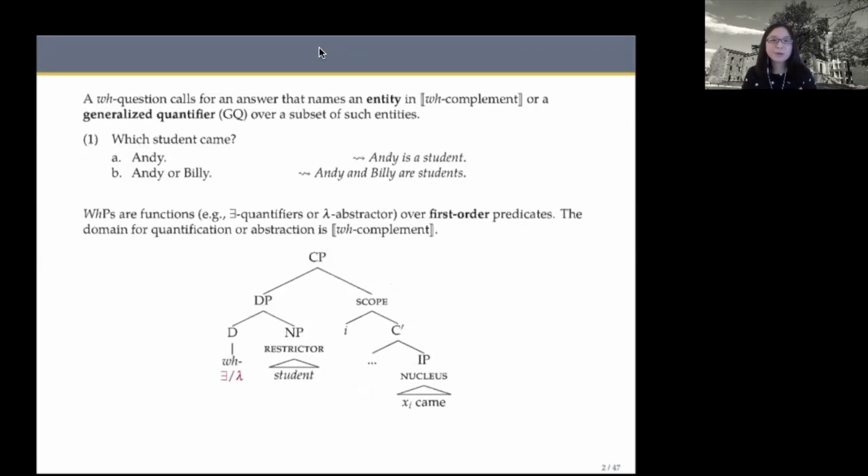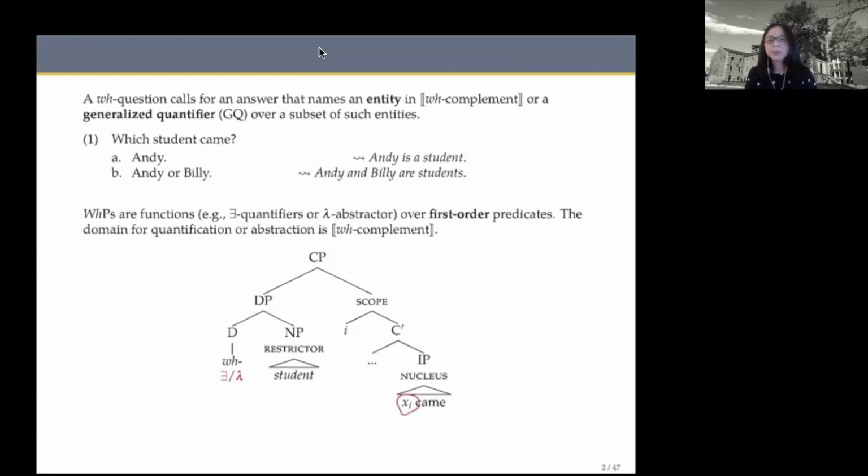To capture this question-answer relation, we usually treat depth phrases as functions over first-order predicates, either as an existential quantifier or a lambda abstractor. And the domain for quantification or abstraction is the set denoted by the depth complement. So for example, using this schema, we see that a depth phrase combines with a first-order function denoted by the scope, and it binds an E-type variable inside the question nucleus.